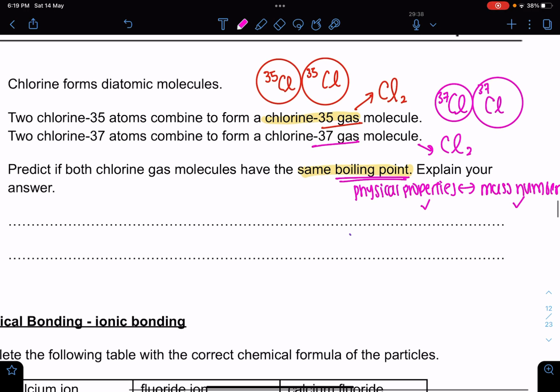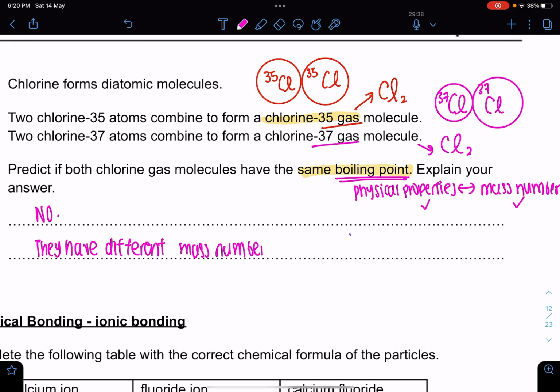So will the chlorine gas molecules have the same boiling point? No. Why? Because they have different physical properties. Or you can tell me first, they have different mass numbers which will lead to different physical properties.